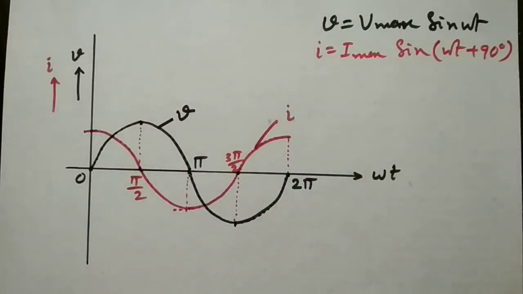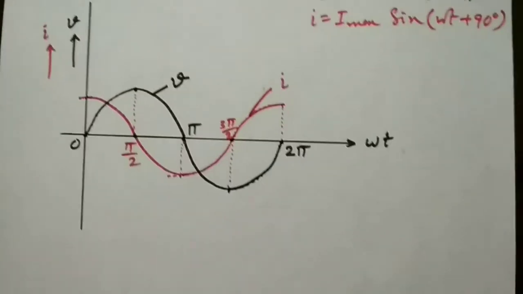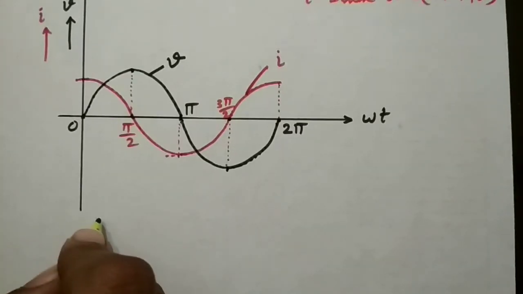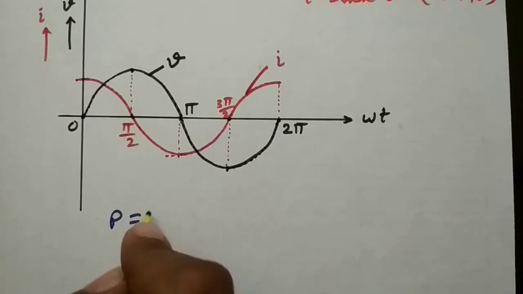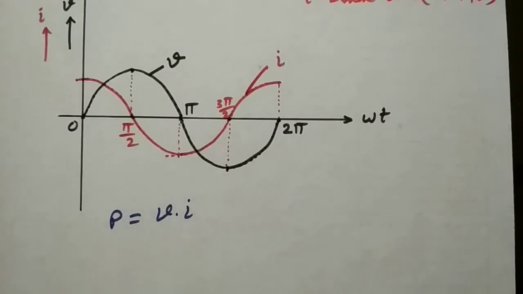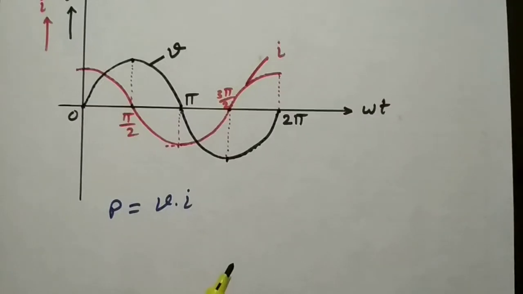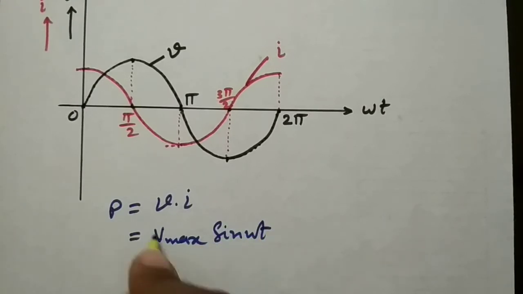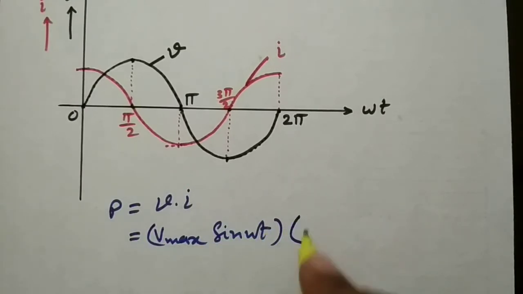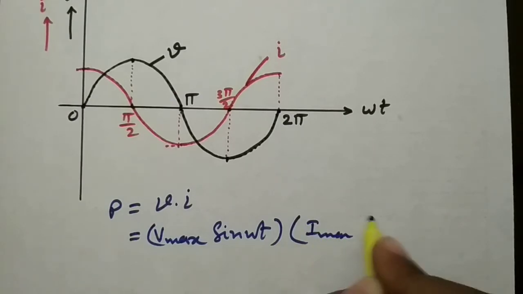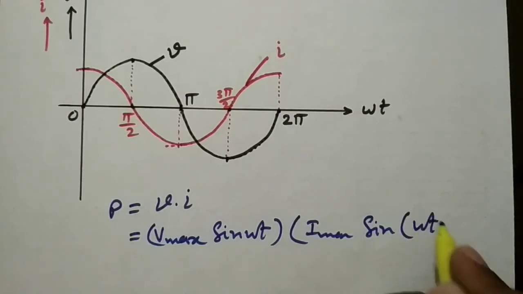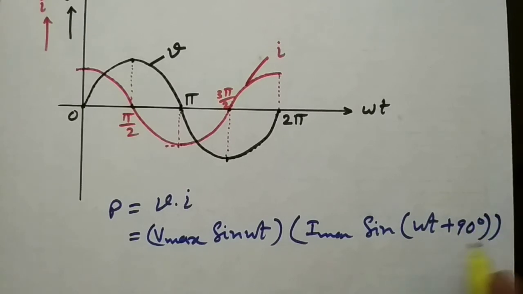Now if we consider the power, as we know the instantaneous power is written as V into I. It is called the instantaneous power. So V can be written as Vmax sin omega t, and I is Imax sin(omega t plus 90 degree), which can be converted to cos omega t.